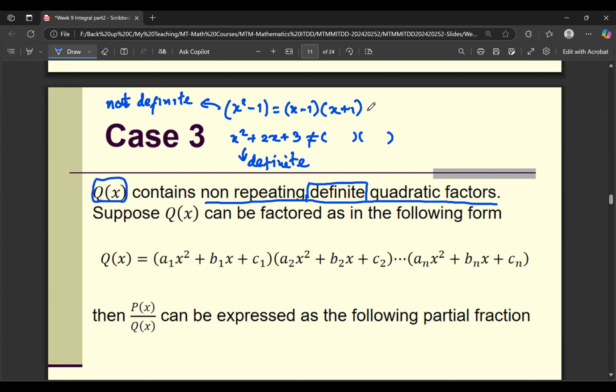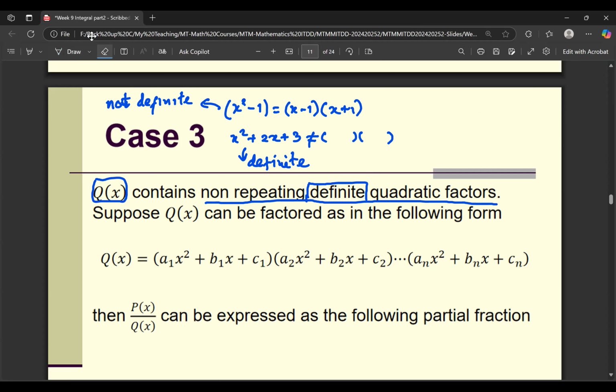To know whether a quadratic function is definite or not, we can use the discriminant, sorry, not determinant.